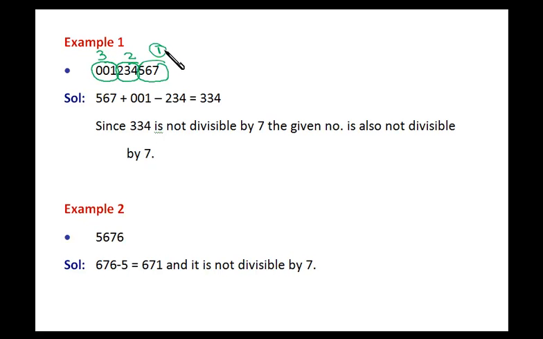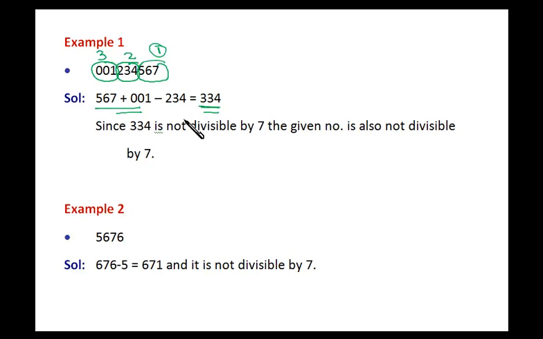Now we add set number 1 and set number 3, so 567 and 001 are added. And we're supposed to subtract the sum of set number 2 and set number 4, but as we don't have any set number 4, we add these two and subtract 234 from the sum. The answer that we get is 334.